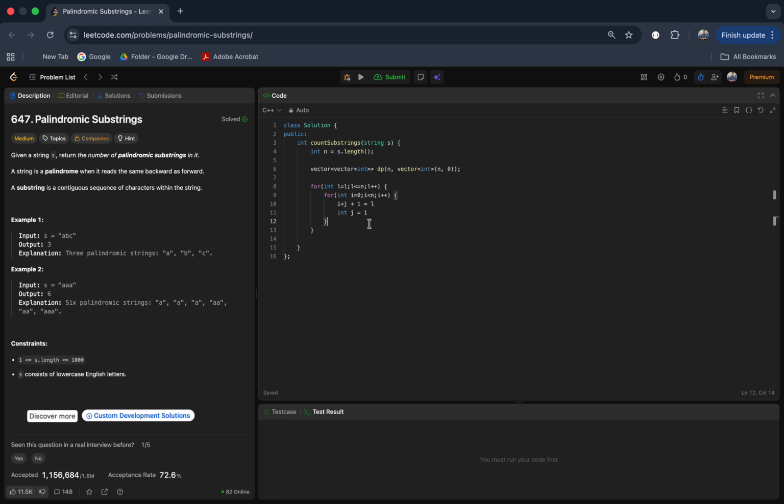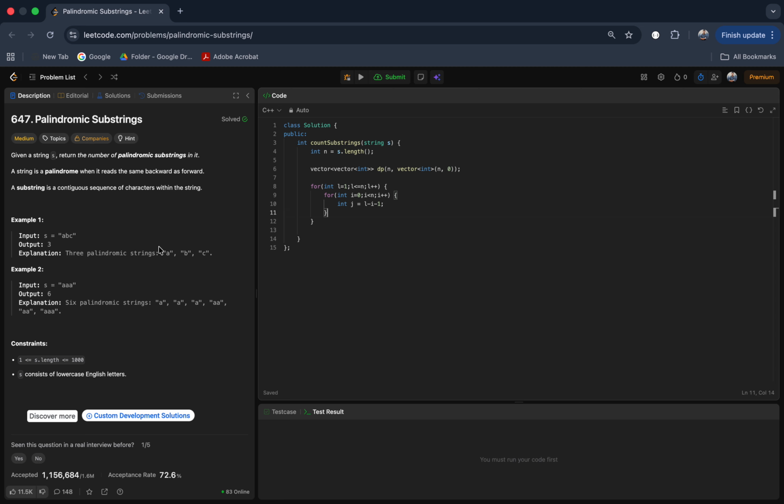So j would be whatever L value is there, L minus i minus 1. So length minus i minus 1 will give us the j value. So j equals L minus i minus 1. Is it correct?